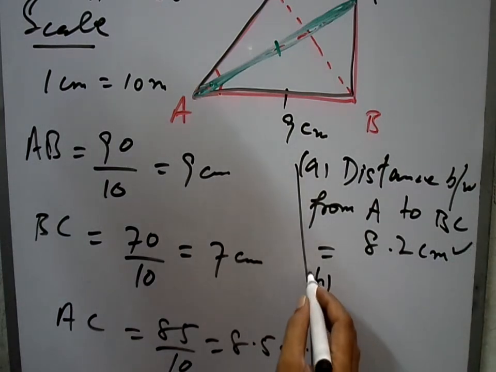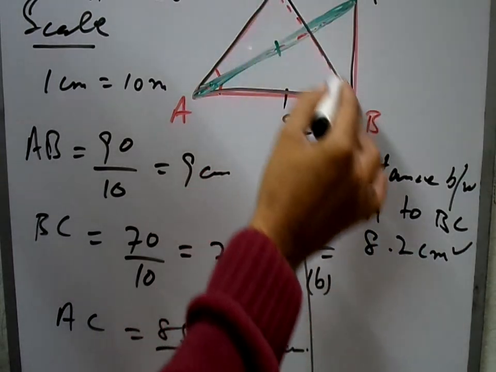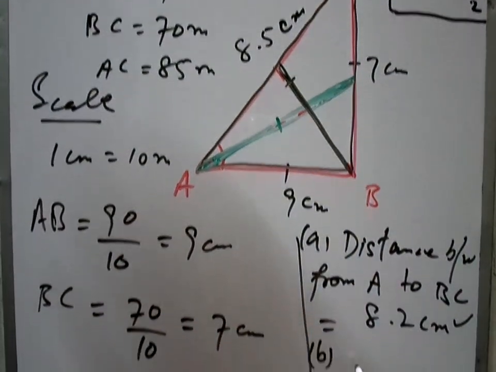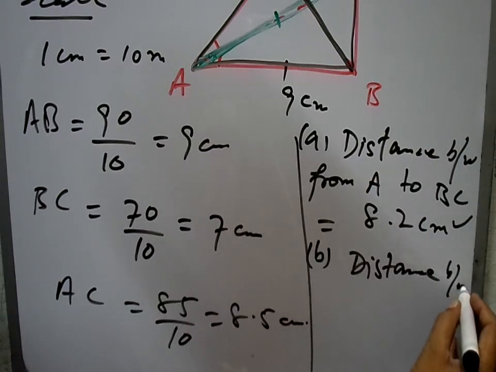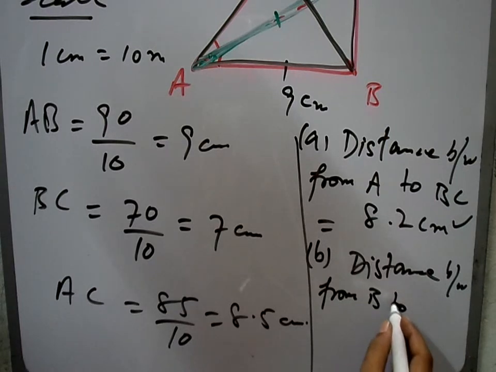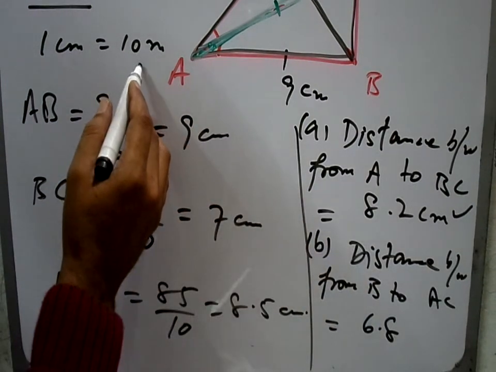And similarly in B portion, distance from B to AC. So now we have to find this distance. So the distance from B to AC is equal to 6.8. So the actual distance will be, multiply 6.8 with 10, because scale factor is 10.